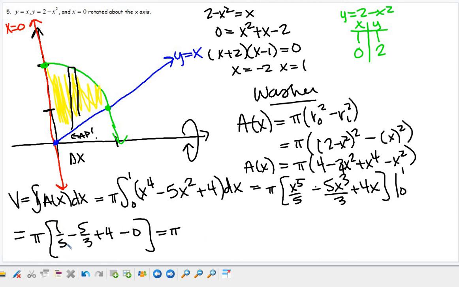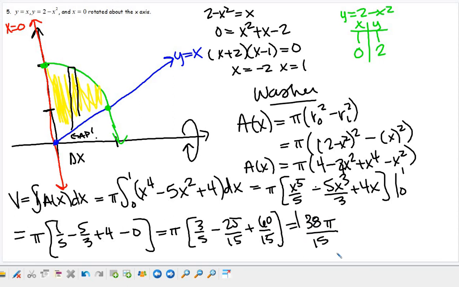Just going to make my life easier, so I'm going to multiply by 3. So this will be 3 over 15, and this one will be 25 over 15, and so I have 63 minus 25 is 38 pi over 15.